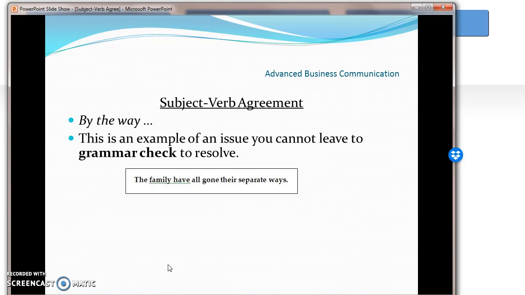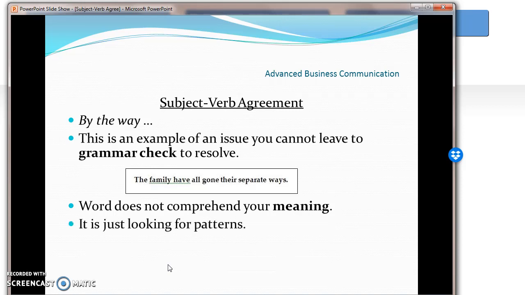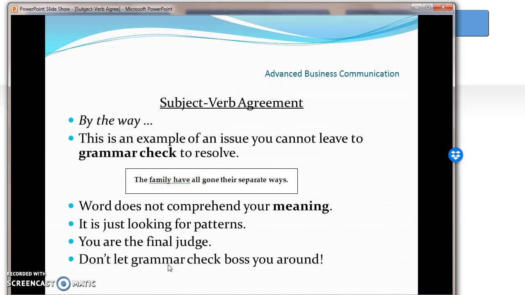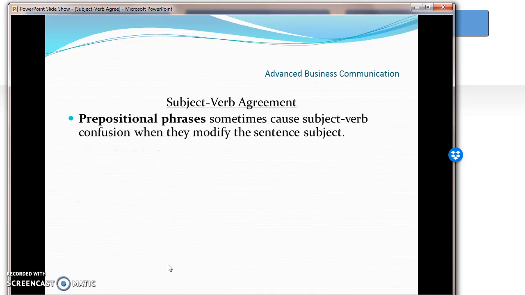That's because it's applying some kind of algorithm that doesn't recognize the different possible sense of family as a collective noun. The point is, Word does not comprehend your meaning. It's just looking for patterns. It's applying algorithms. You've got to be the final judge on your writing, okay? So don't let grammar check boss you around.